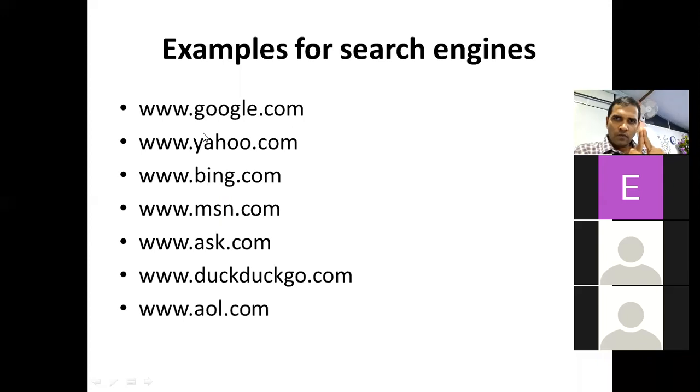But don't be confused with the browsers. People often confuse the words because we listed some of the browsers earlier, right? Google Chrome, Mozilla Firefox, Internet Explorer, there are many, Opera. Now we are discussing search engines. Here also we have examples, Google, Yahoo, MSN. Maybe in the next class, we will discuss email software, right? There are some email software. So what I'm trying to tell you is we have words which are similar to each other.